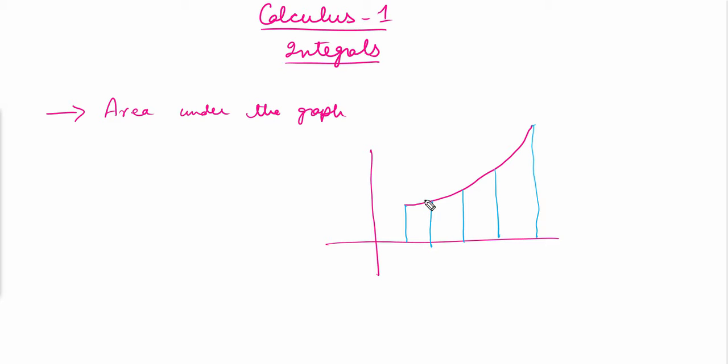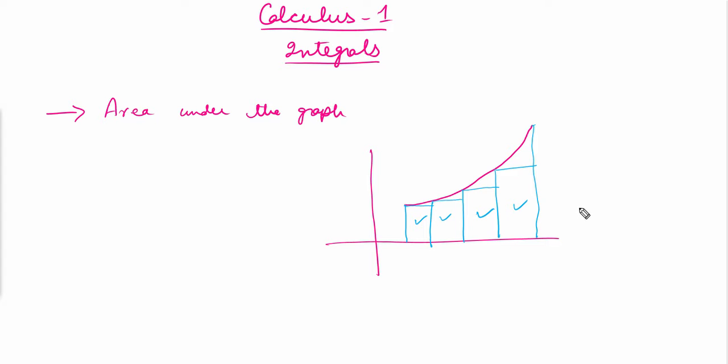These will be the rectangles. If we find the area of all of these rectangles, we cannot get the exact area. We can approximate the area under the graph by adding the areas of these rectangles, but we cannot get the exact area. That's why we use integrals.